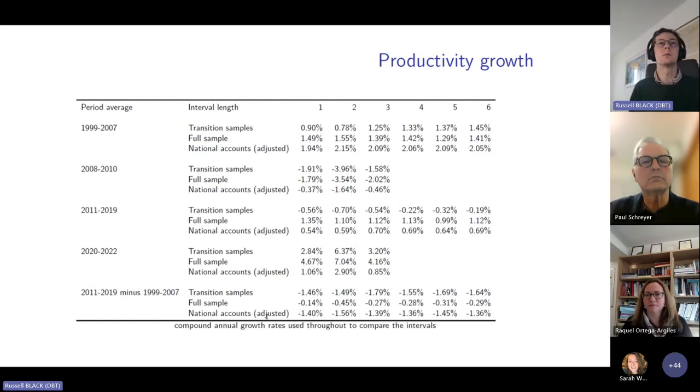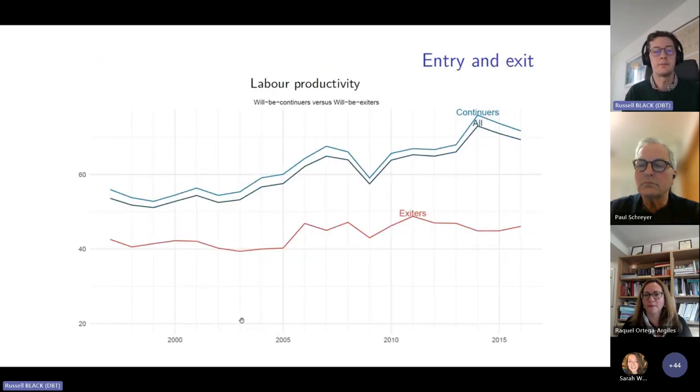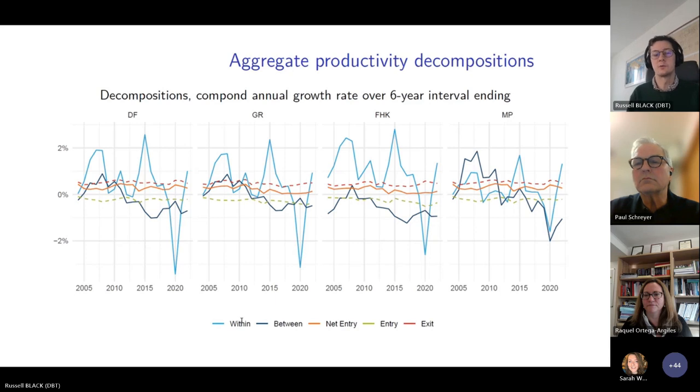In terms of which decomposition method, I think we're not going wrong. The Dewitt and Fox and the Griliches-Regev decompositions are broadly similar and show broadly similar results, which is not surprising.